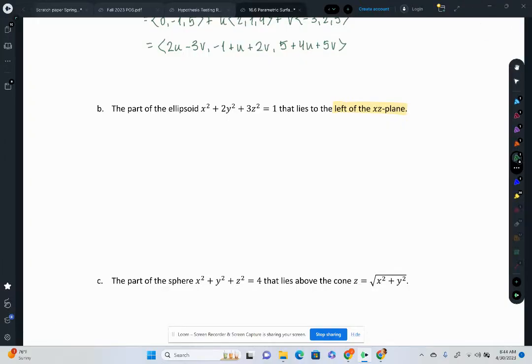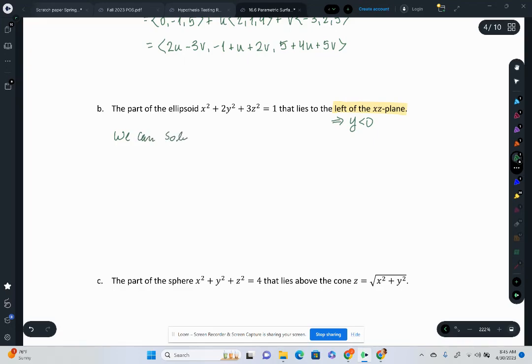The implication is that y is negative, because that's where y would be negative. And so what that gives us is some freedom. We can actually solve for y, and I'll write this.